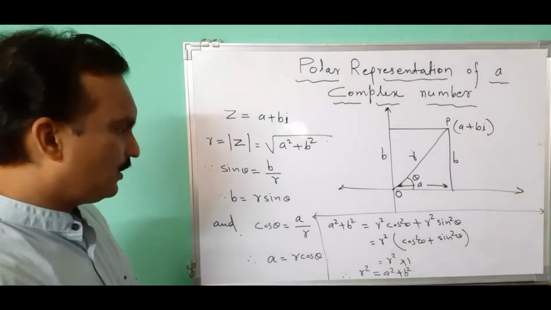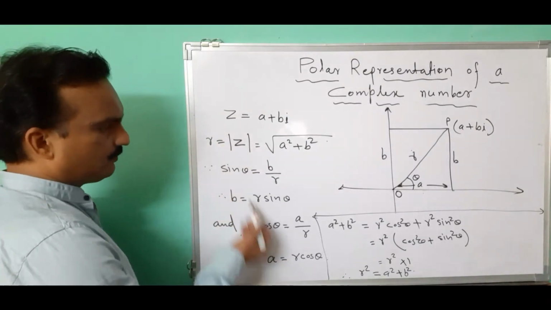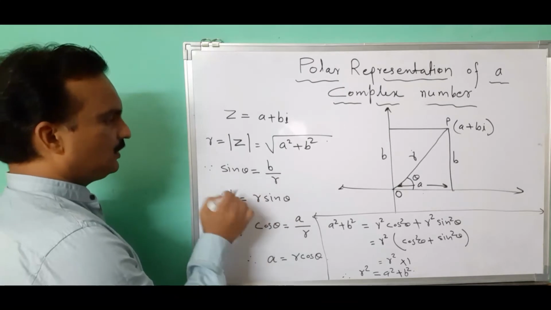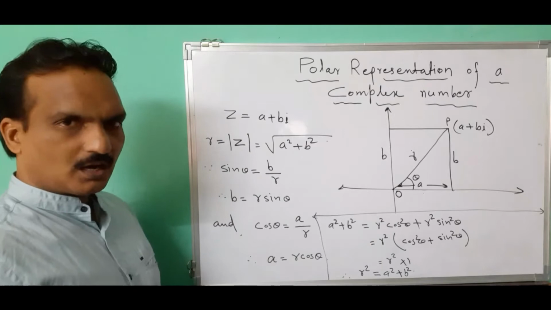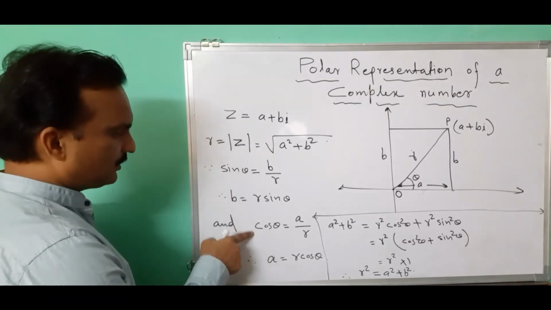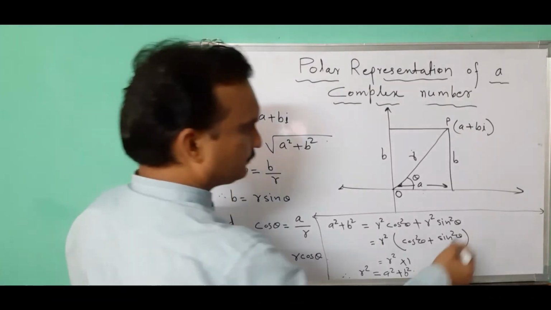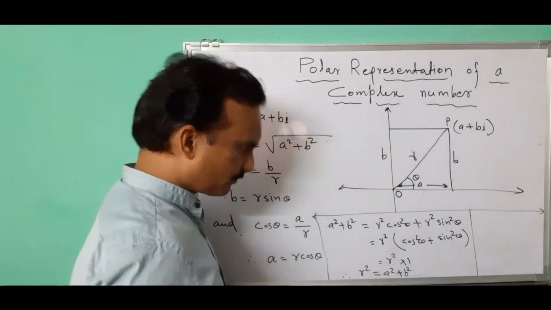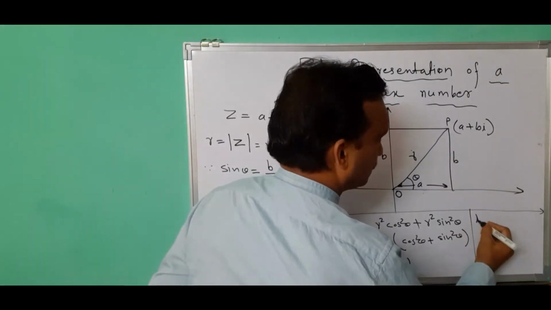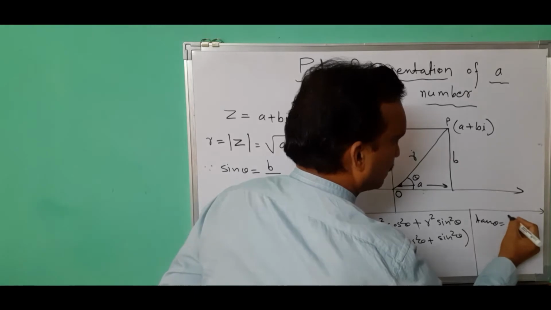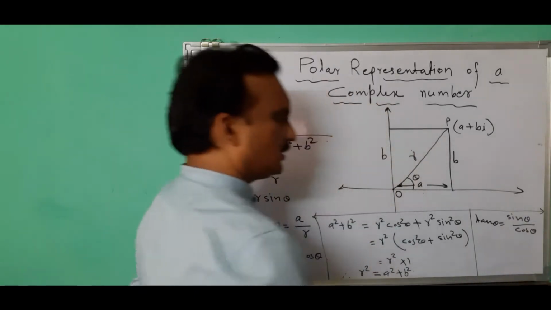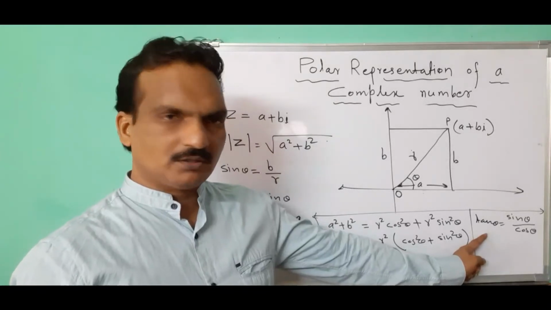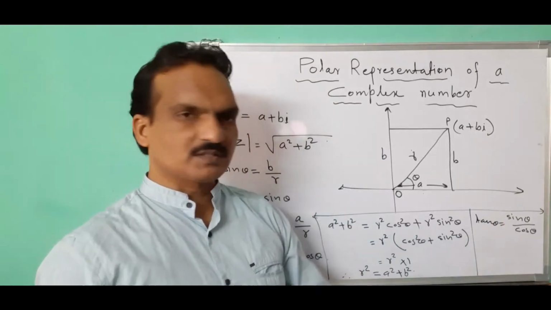Fine. Now to find out the value of theta, directly from here theta is equal to sine inverse of b upon r, or you can write like this also: tan theta is equal to sine theta upon cos theta. You know that tan theta is sine theta upon cos theta.